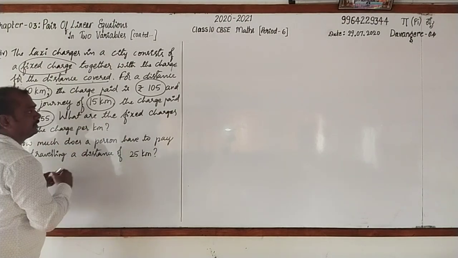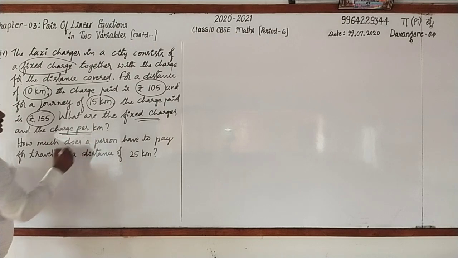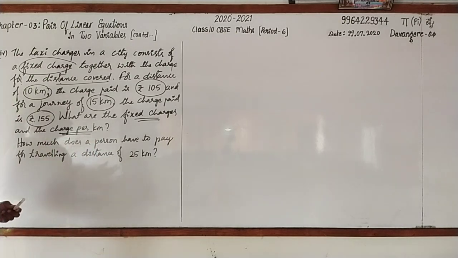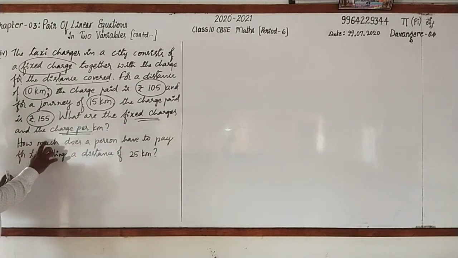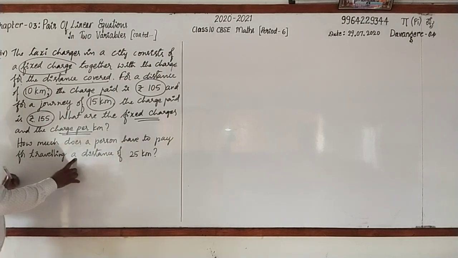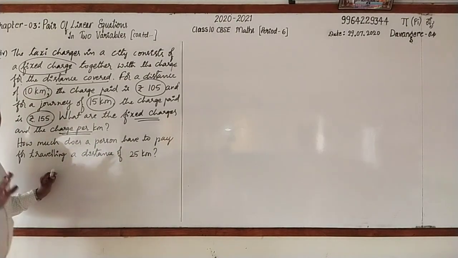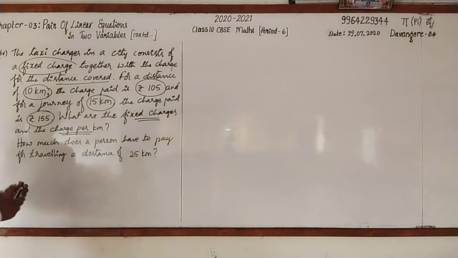Then what are the fixed charges and the charge per kilometer? Are they known factors? Both are unknown. After knowing these, then we should calculate how much does a person have to pay for traveling a distance of 25 kilometer. Hope that you have understood this statement.